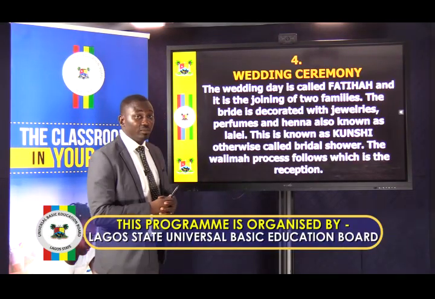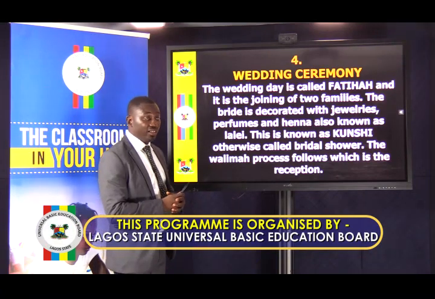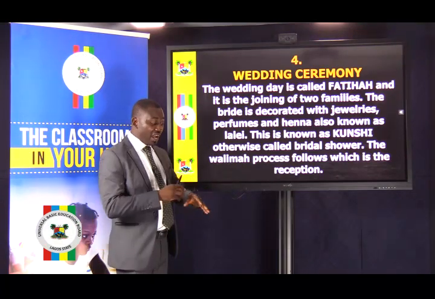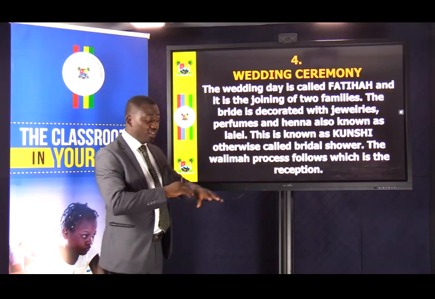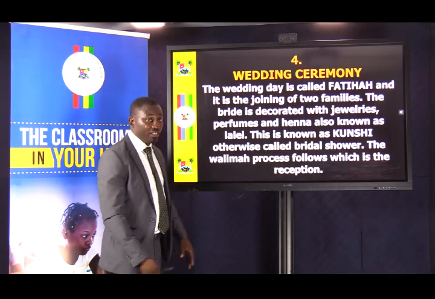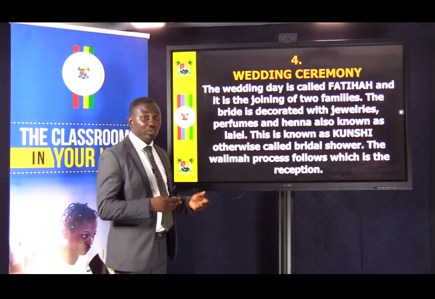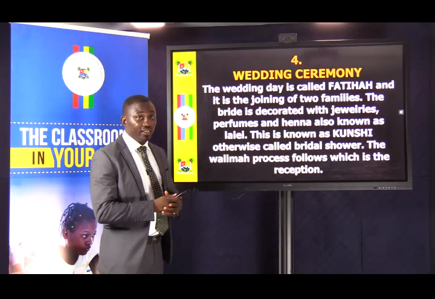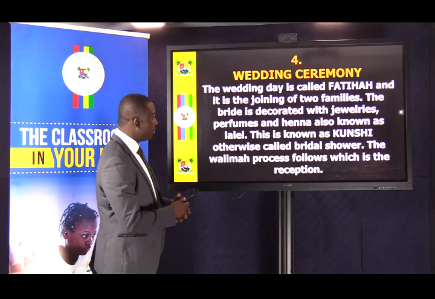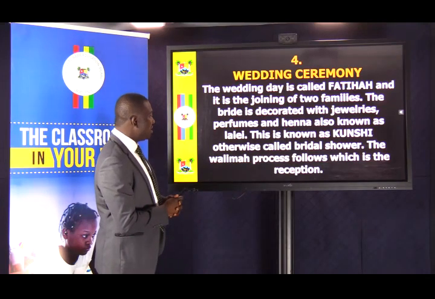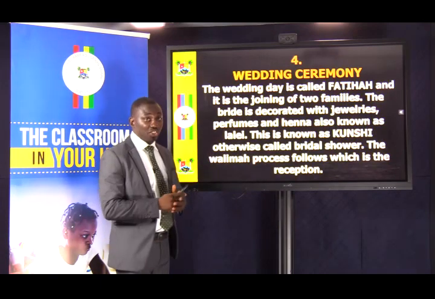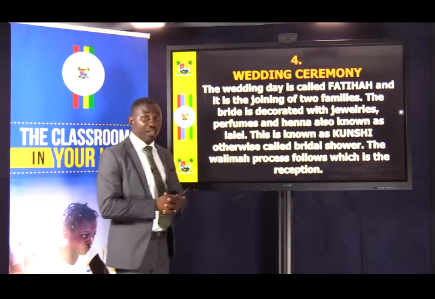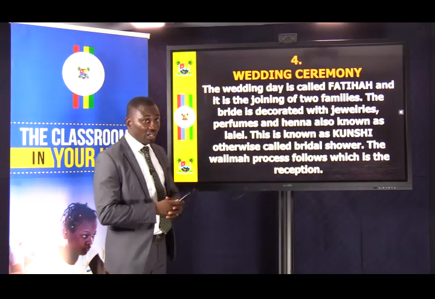You must have seen some Hausa ladies during their wedding. They usually have different markings with their friends on their hands and their feet. The markings are usually done with black ink and beautifully crafted on their skin. This is known as kunshi, otherwise called bridal shower.